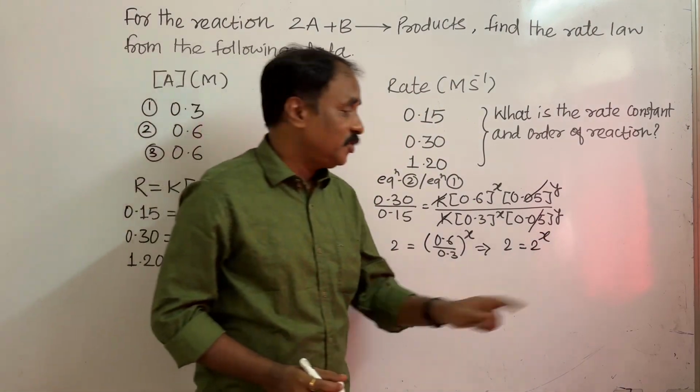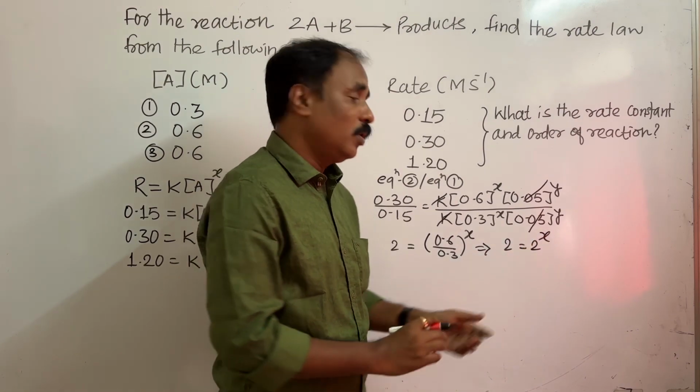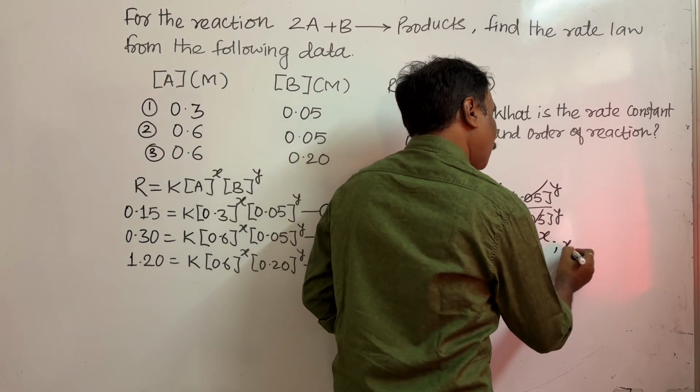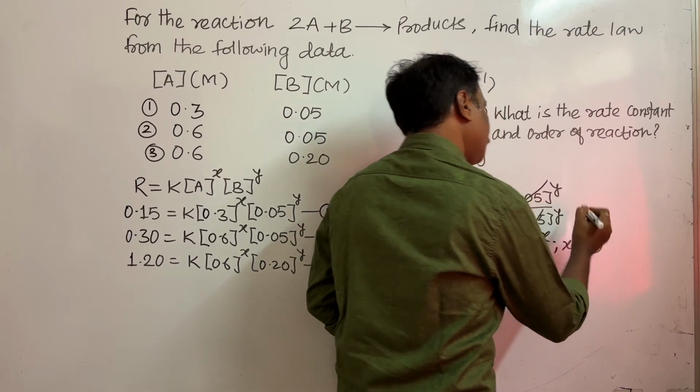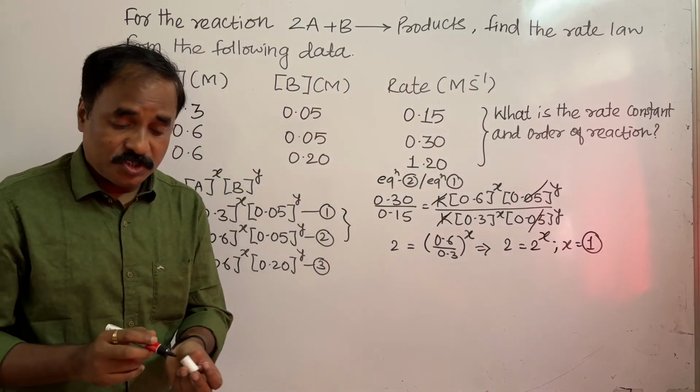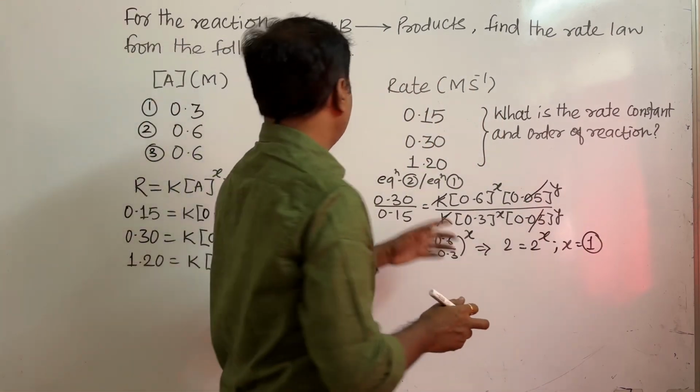When we put X equal to 1, we get 2 to the power 1, that is 2. So here X is equal to 1, and it is first order with respect to what?